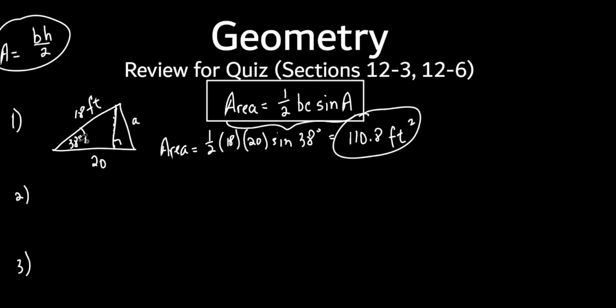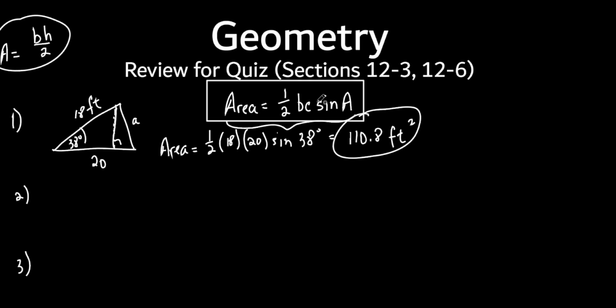Okay, so the sine of 38 is equal to what? Opposite over hypotenuse. And then you go base times height divided by 2, and it'll come out to that as well. All right, but this is a little more streamlined. If you can remember the formula, it's just so much easier just to put it into this, and you're good to go. We good? All right.